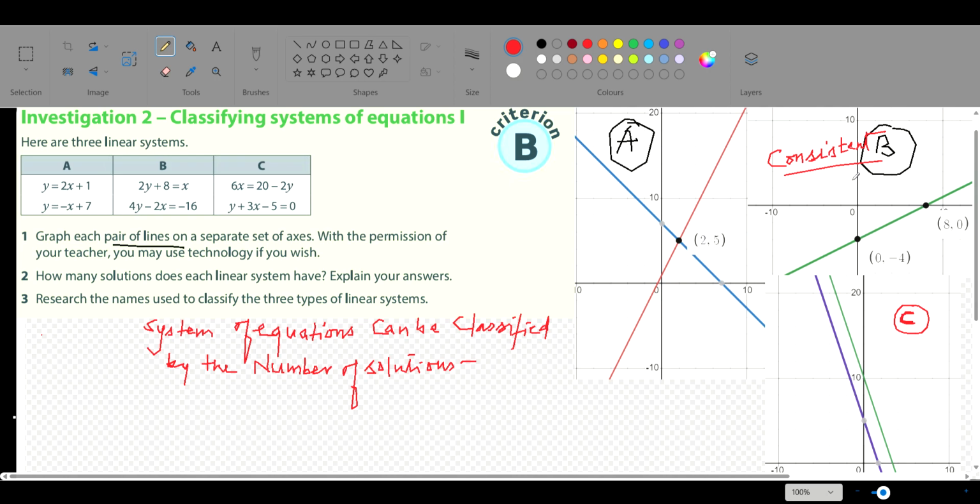If the consistent system has exactly one solution, then it is known as independent. And if the consistent system has an infinite number of solutions, then it is called dependent. I think I just referred to the wrong one.